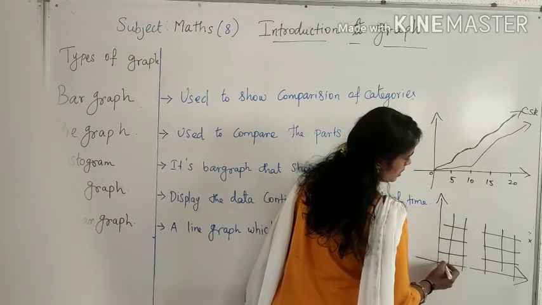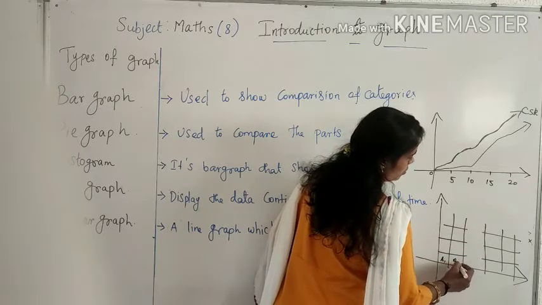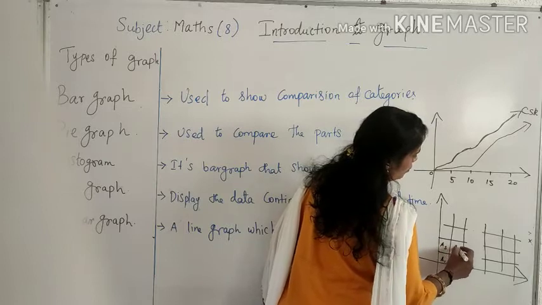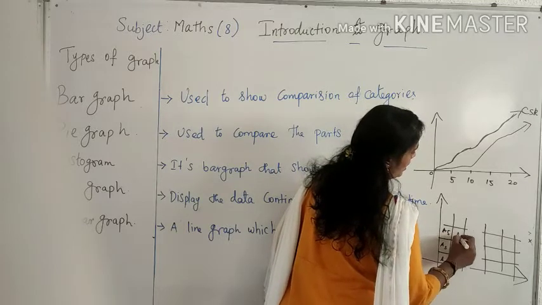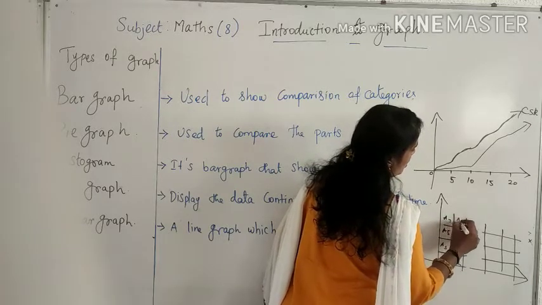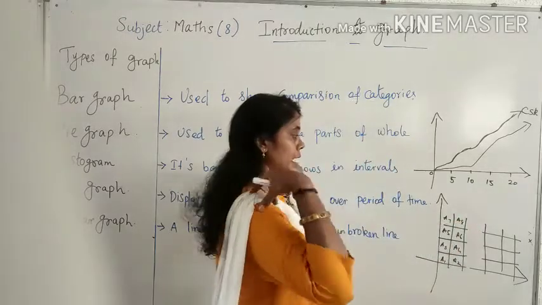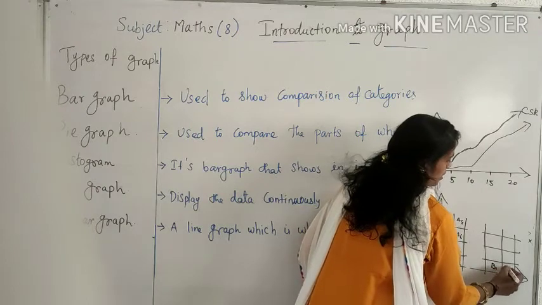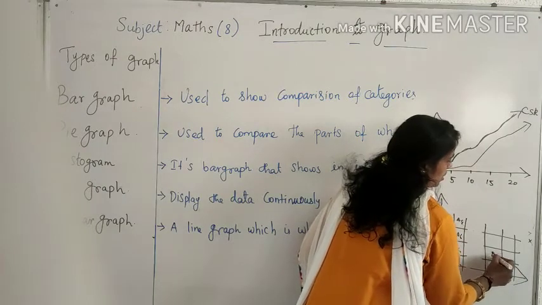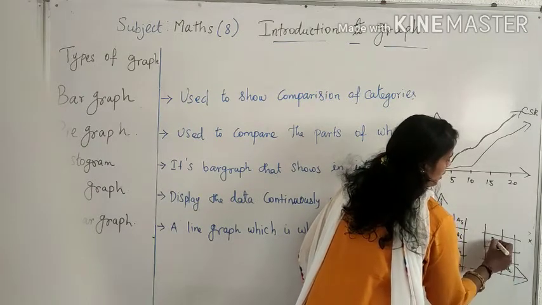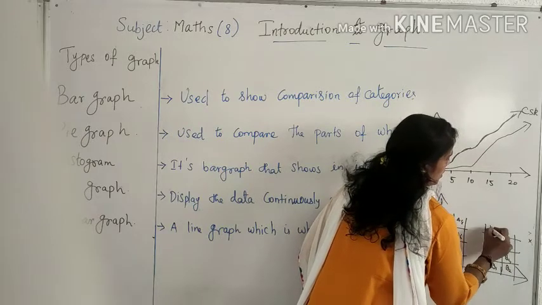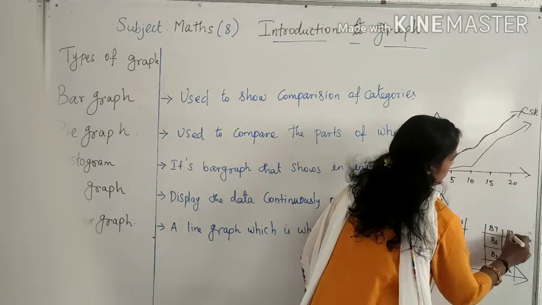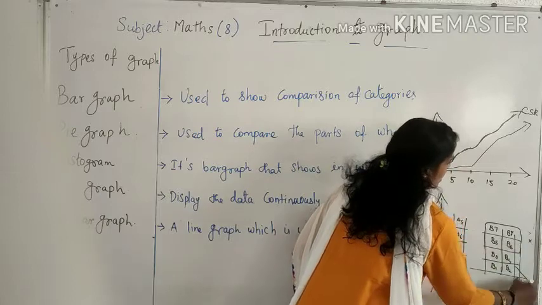Here one person A1 is sitting, and A2, A3, A4, A5, A6, A7, A8. And here again the group is B1, B2, B3, B4, B5, B6, B7, B8. Okay? They are seated like that.